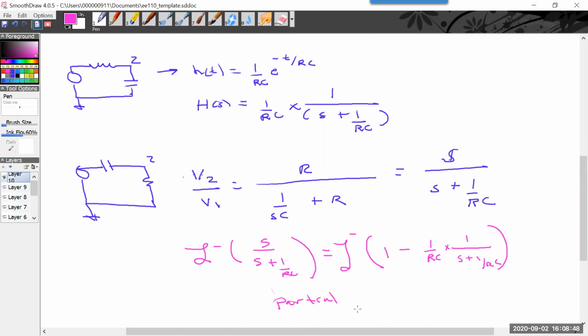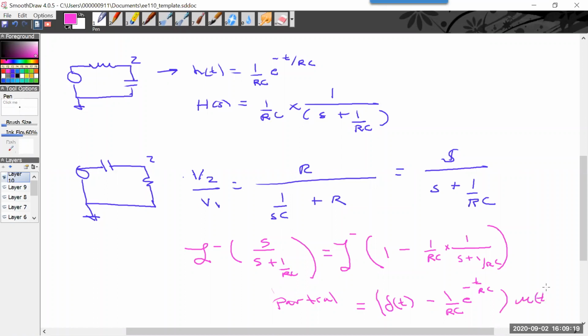Okay, which becomes... Now the delta function doesn't really need a u(t), but it doesn't hurt.